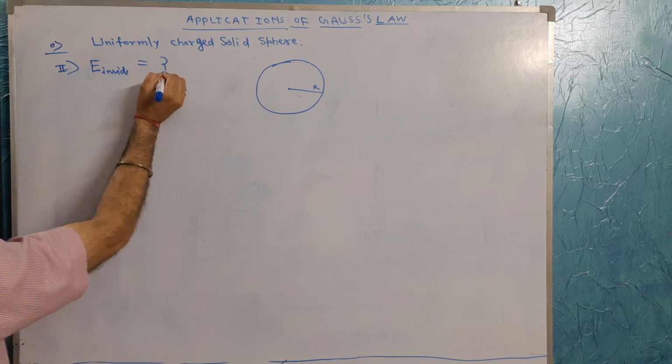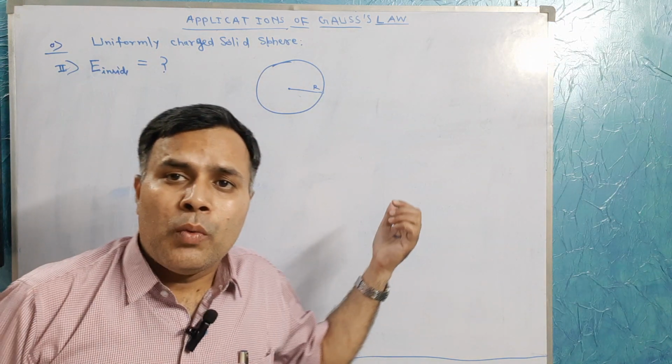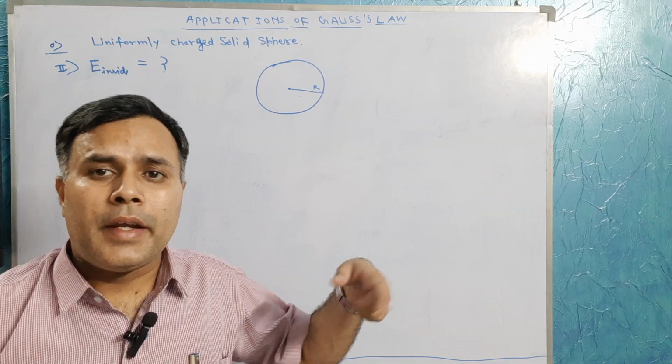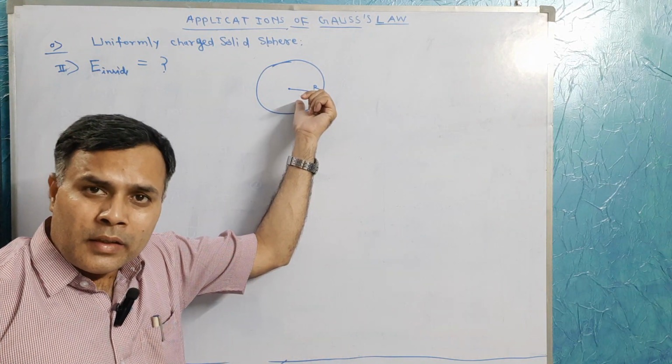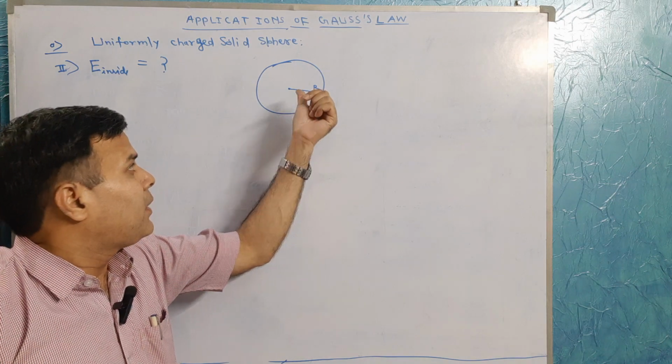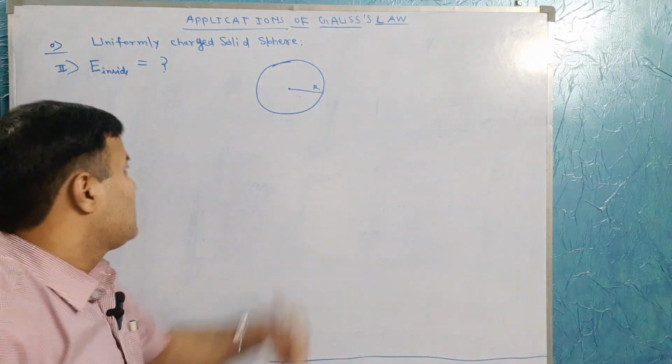In the same situation, we have to find out the profile of the electric field at any point which is inside the given sphere of radius R and charge Q.